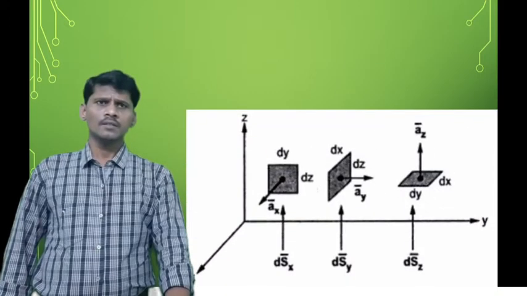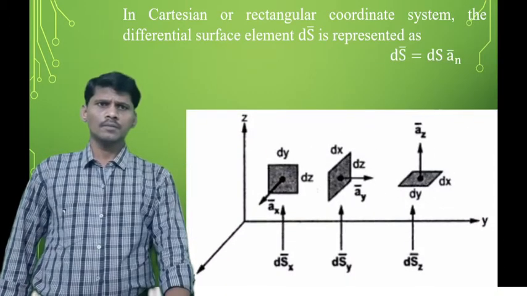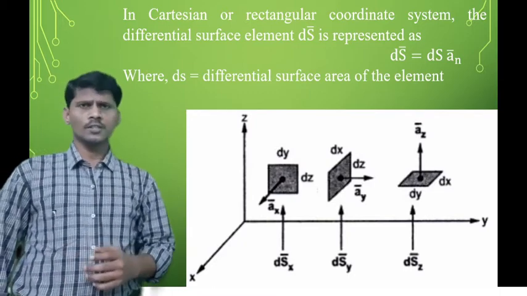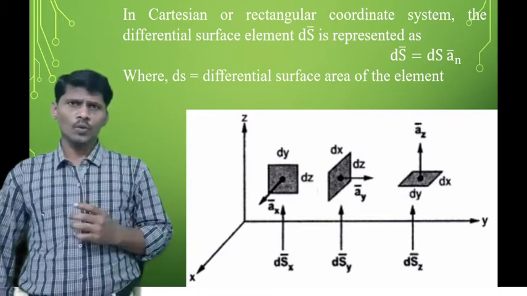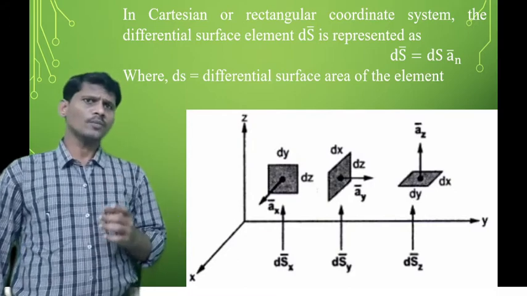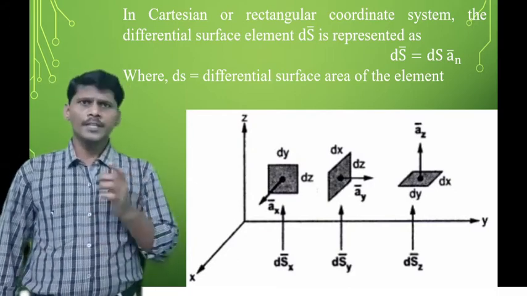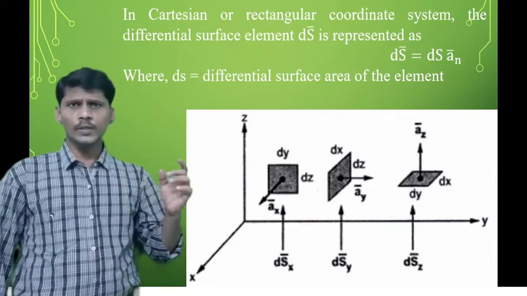Next, differential surface area. In Cartesian coordinate system or rectangular coordinate system, the differential vector surface area ds bar can be represented as ds bar is equal to ds into an bar.